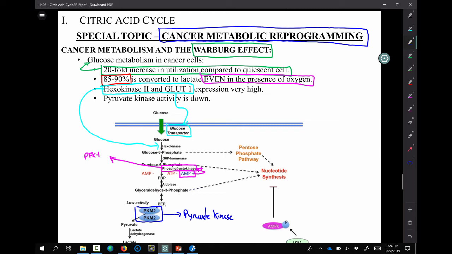Pyruvate kinase in many cancer cell types will express a form of pyruvate kinase that is not higher in activity, it's actually low in activity. And that's what's being set up here. Activity is down, so this is depressed activity. And you think, well, that doesn't seem right. Hexokinase is high in activity, PFK1 is high in activity, and then the end of it is low in activity. Well, what that does is this: it produces a bottleneck.